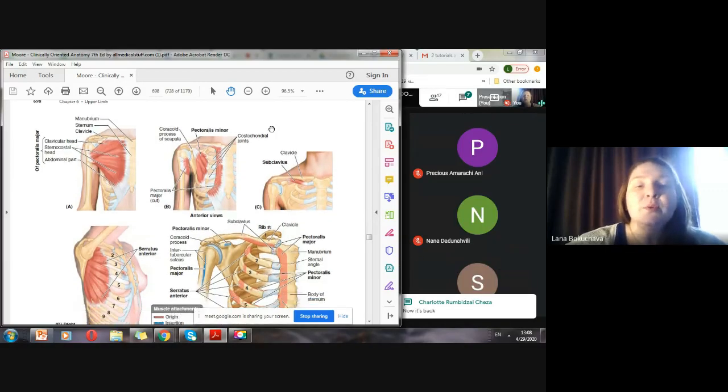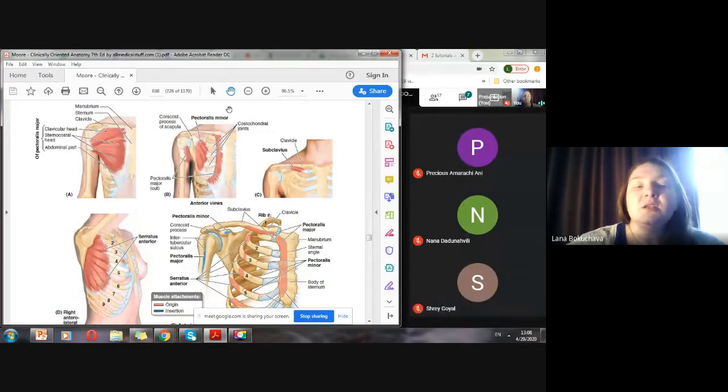Okay, so what we have here is the part of the axio-appendicular muscles, particularly the anterior axio-appendicular muscles, as they are mainly attaching to the anterior part of the axial skeleton. So what do we have in the case of the anterior axial skeleton?